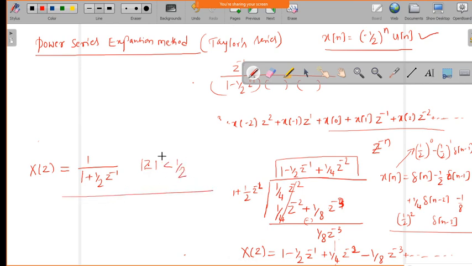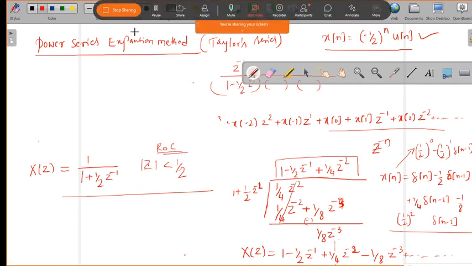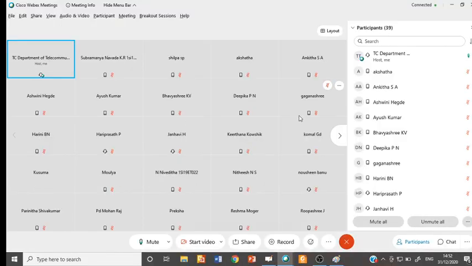So take ROC less than 1 by 2 and try to find out the answer x of n. So tell me in the next class how we can arrive at the solution. Okay, so now we'll stop here and we'll continue this power series expansion method in the next class.